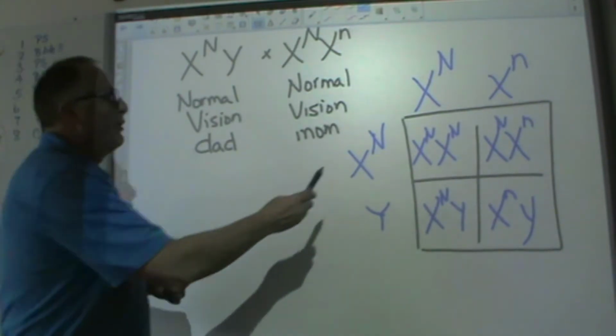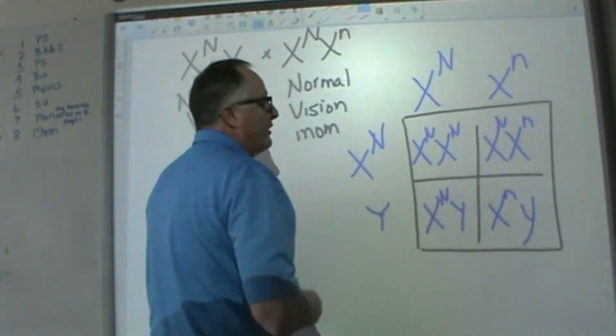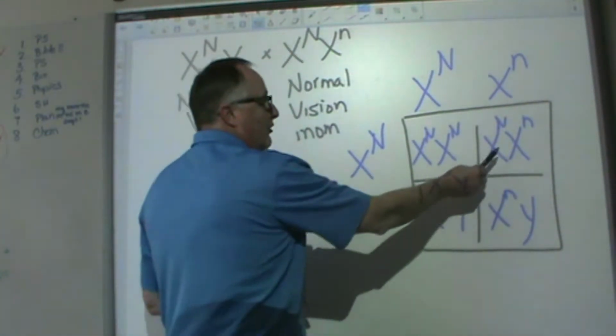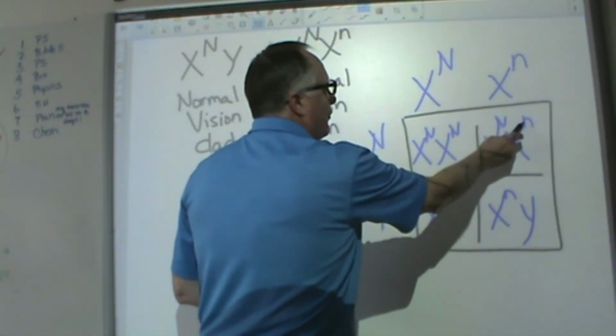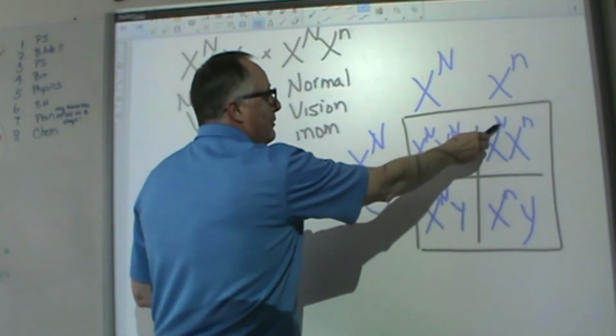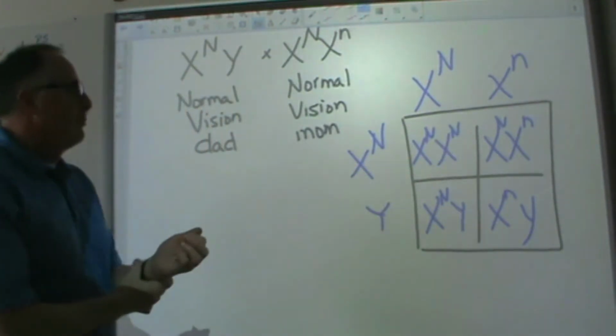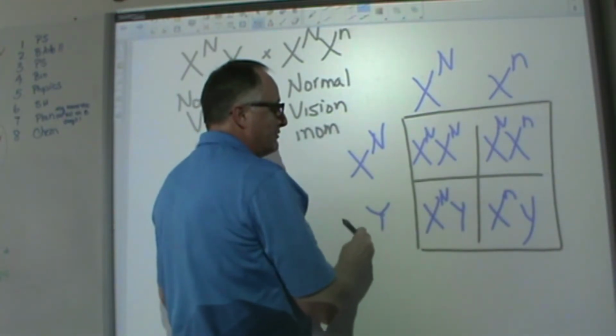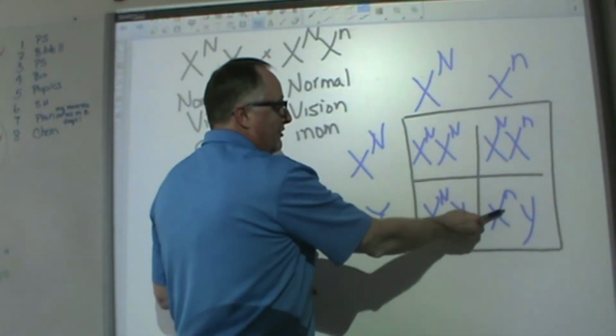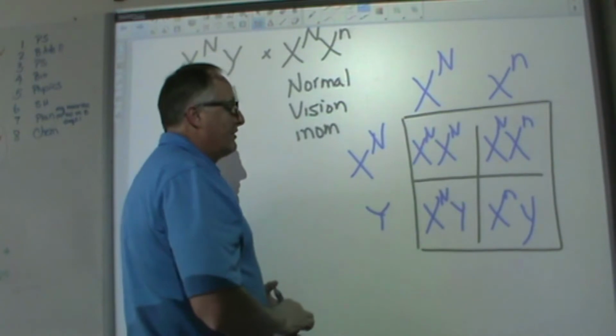All right, now both of the daughters are going to be normal vision, although this one would be a carrier, because it has the allele for color blindness, but it's covered up by the dominant normal vision. Then we have a normal vision son, and we have a colorblind son.